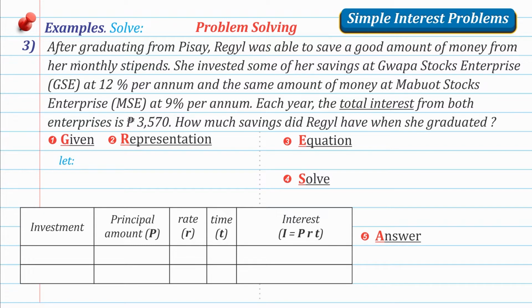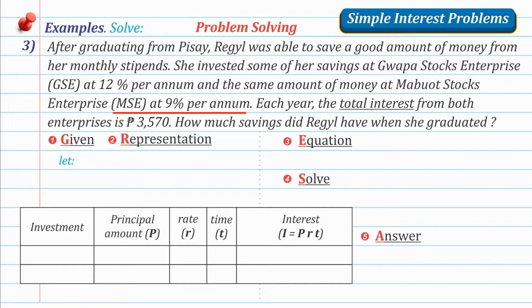After graduating from Pisay, Regil was able to save a good amount of money from her monthly stipends. She invested some of her savings at Guapa Stocks Enterprise. That's the first investment. It's at 12% per annum. And the same amount of money, so same lang ang pinunta niya sa Guapa Stocks Enterprise, and sa second, at Mabuot Stocks Enterprise at 9% per annum.